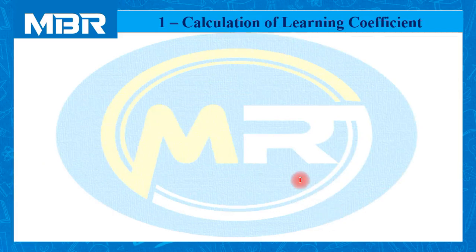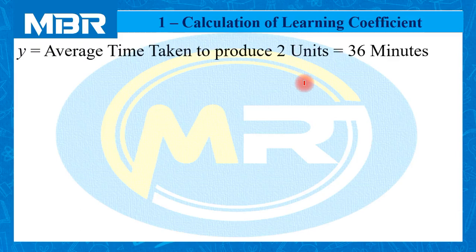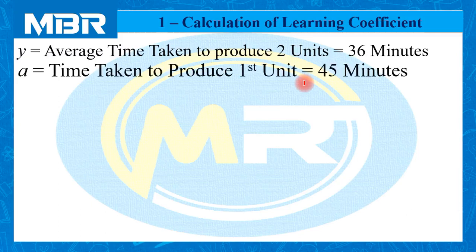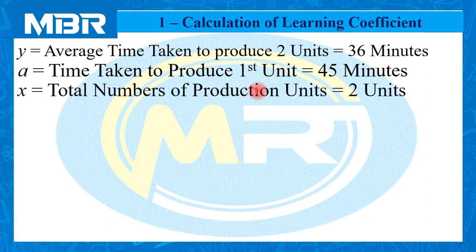Let us calculate. Number 1, calculation of learning coefficient. Y, the average time taken to produce 2 units, is 36 minutes. A, the time taken to produce the first unit of the product, is 45 minutes. X, the total number of production units, is 2 units.